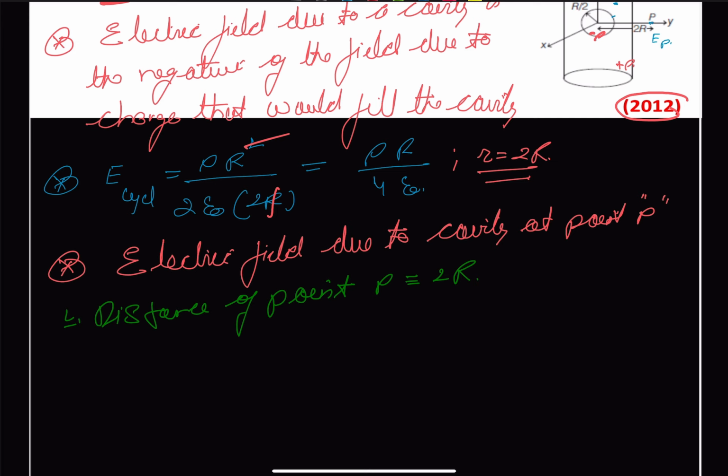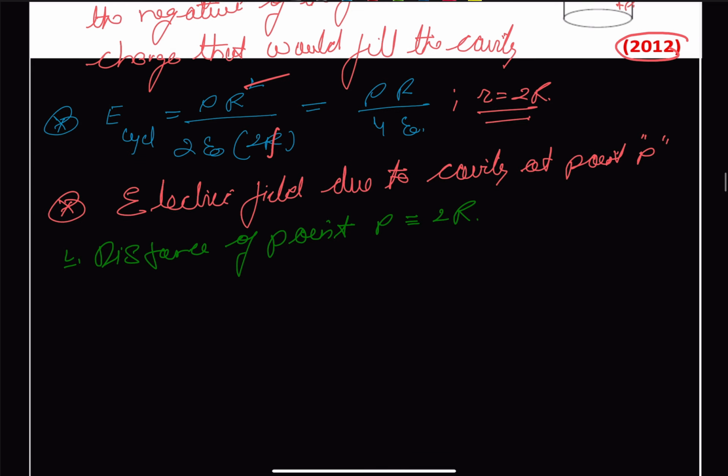And we have to find the charge on the cavity, and that charge will depend upon the volume charge density, that is rho, multiplied by the volume of the cavity. So the distance is given as 2r, and next we find the volume of the cavity.